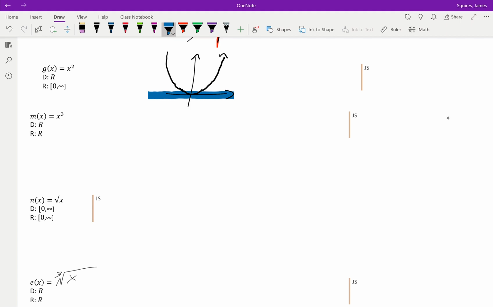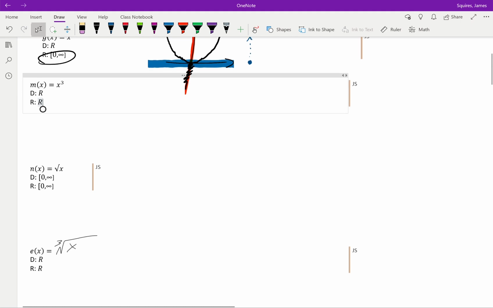For every single possible x value, say one x value way out there, there's going to exist a y value for this function. When we talk about the range of this function, we're talking about all the y values that exist in this function. And note that we don't have any y values below the origin, so that's why the range is from 0 to positive infinity.